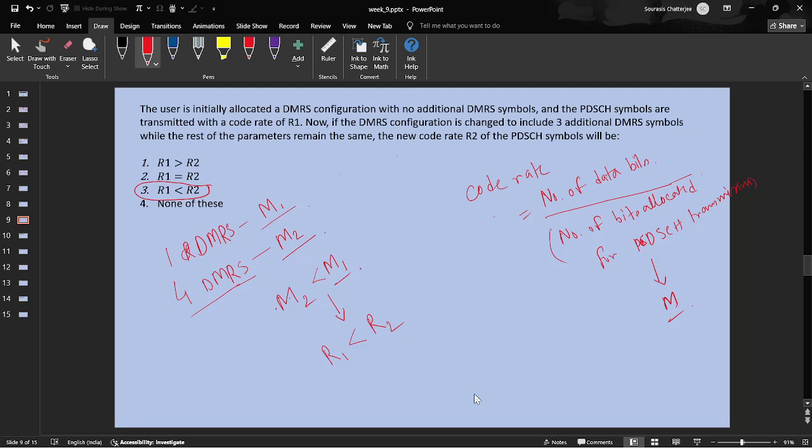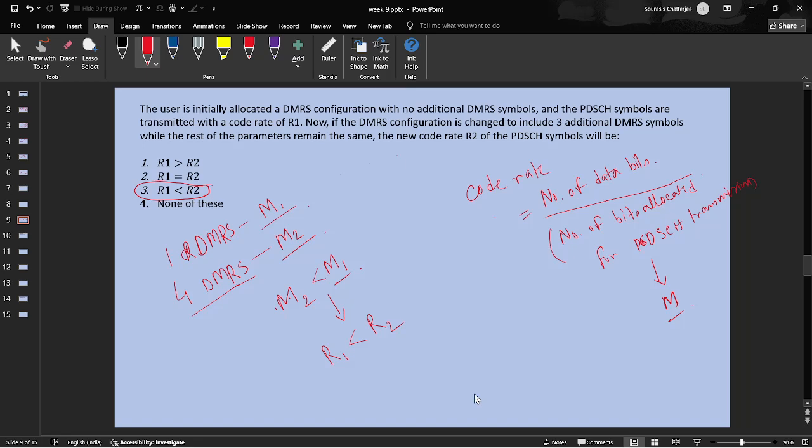So why would the gNB send multiple DMRS for no reason? Let's say the scheduler has already made the decision, based on some earlier information, that it is going to send three additional DMRS, but it turns out that when the user is scheduled, the channel has become static.